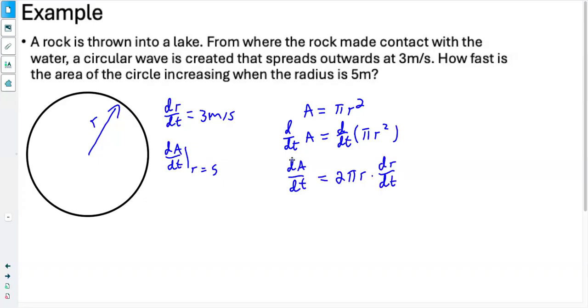Now we're trying to solve for dA/dt at a radius of 5. So that would be 2 times pi times 5 times dr/dt, which we're told is 3. So we have 30 pi meters squared per second.